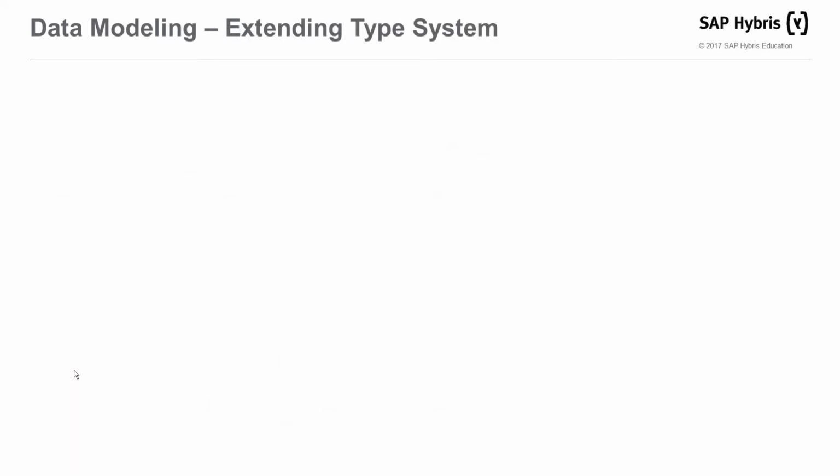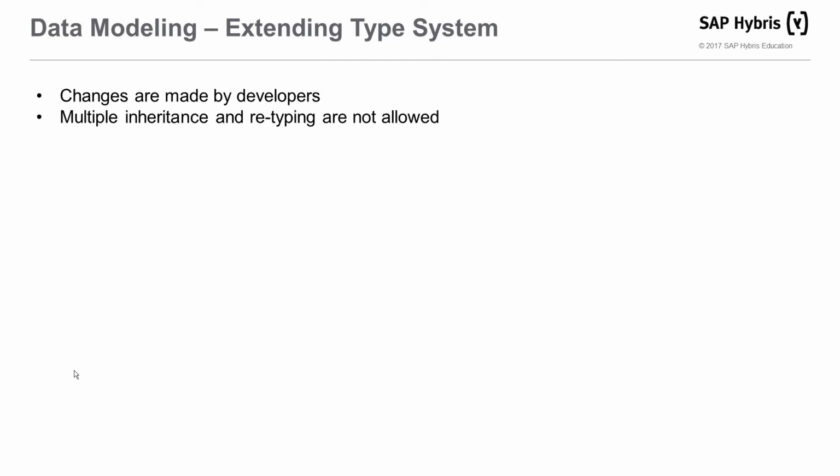When extending the type system, you should be aware that typically, developers are the ones who will use and extend the type system, since modifying it requires code changes. Secondly, the SAP Hybris Commerce type system doesn't allow multiple inheritance, so any type can only extend from one immediate supertype.